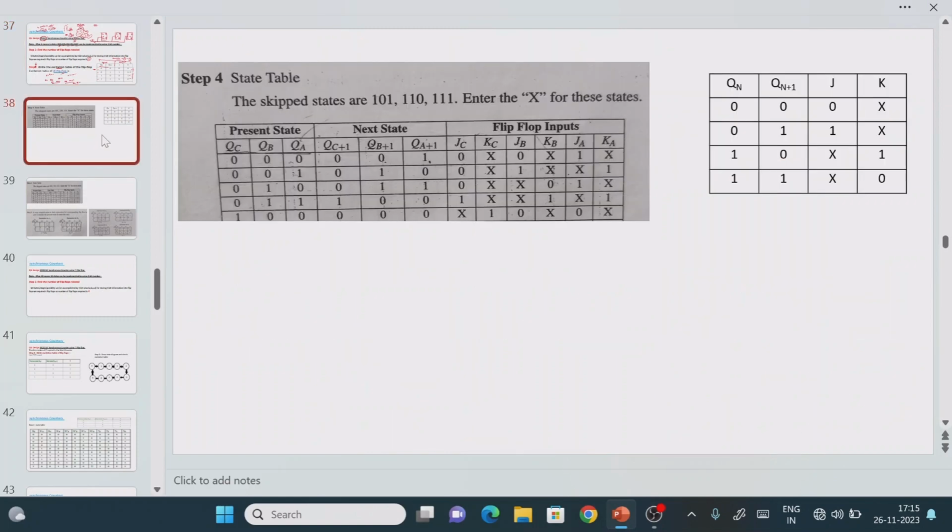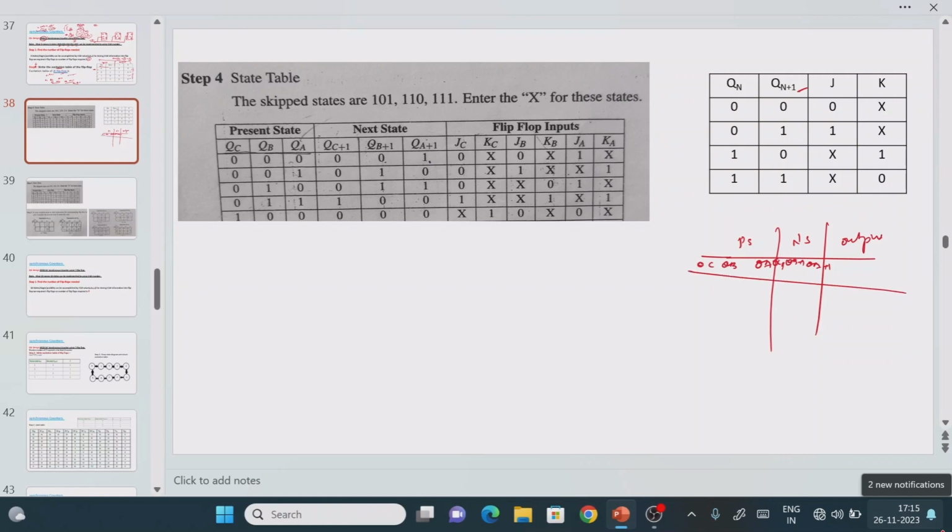Now if you observe this, we have the present state, then the next state, and finally you will have the output value. How many flip-flops do we have? 3 flip-flops, right? So for 3 flip-flops, what is the present state value? For the first flip-flop the output is QA, for the second QB, for the third QC. Next state means Qn plus 1: QA plus 1, QB plus 1, and one more, QC plus 1.